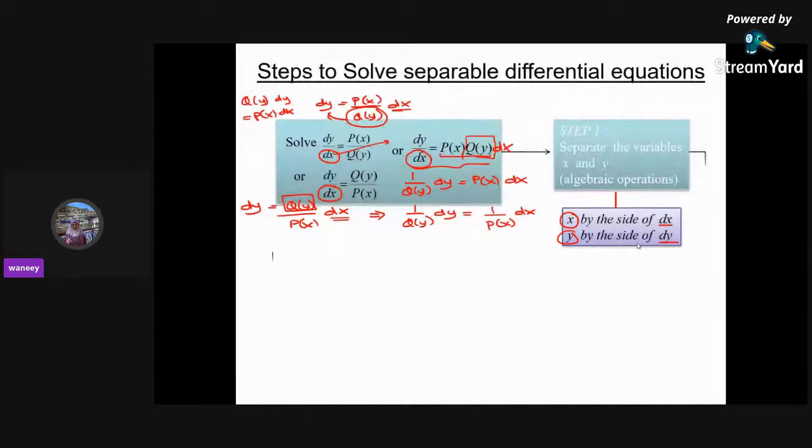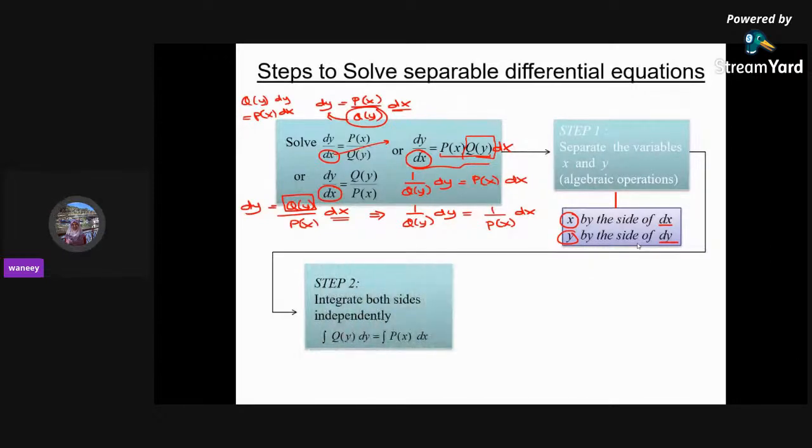Okay, and then what should we do next? We have to integrate both sides independently. Once you separate them, you're going to integrate them independently. What we mean by independently is that you integrate the left hand side and get its answer, and then you find out the integration of the right hand side. So we're going to solve them one by one.